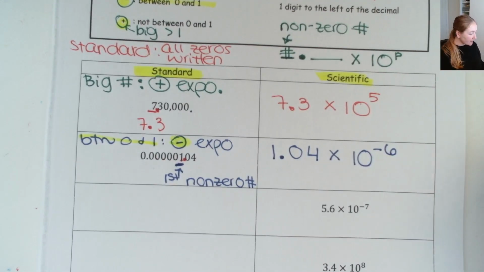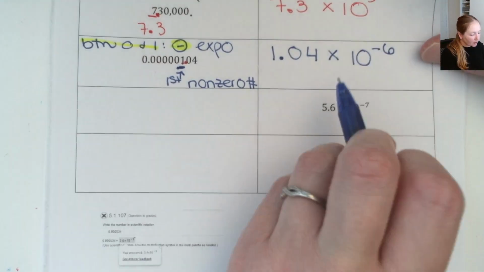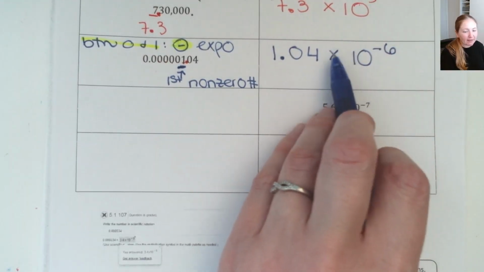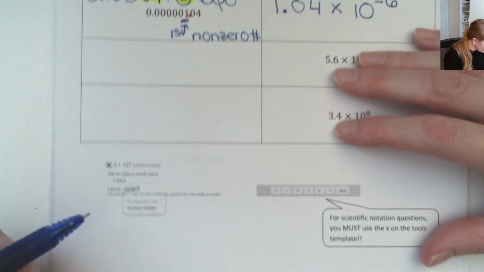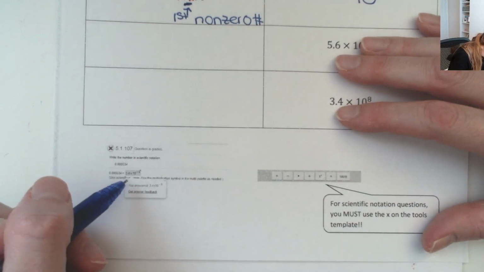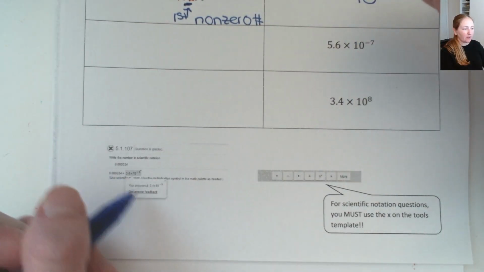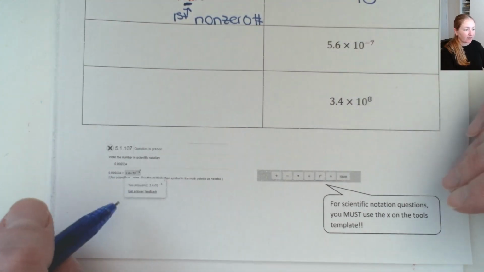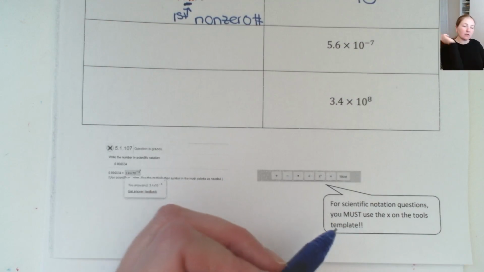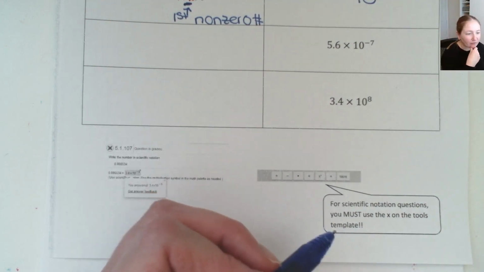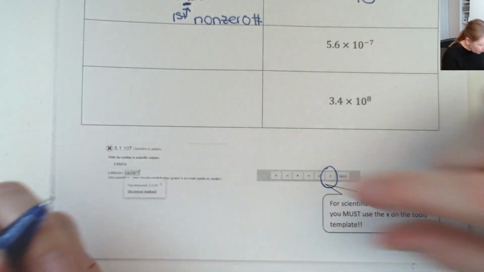All right, now I do need to mention something really quickly about the notation for this. You would kind of think that you can type in an X, and you cannot do that. Okay, so if you look here, I know this is really small, but to the naked eye, it looks the same as what they're saying the answer is versus what I said, but it's wrong. That's because for the scientific notation questions, you have to use the little X that is on the toolbar.